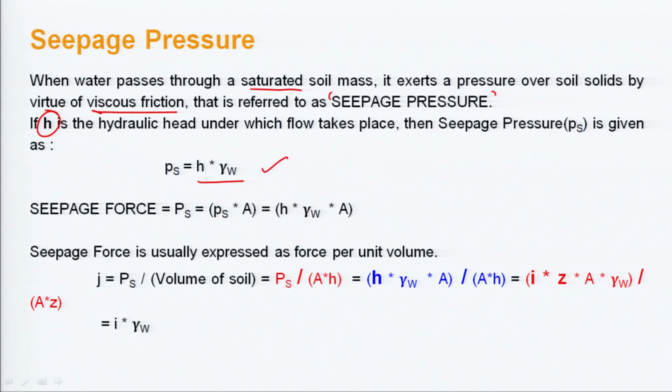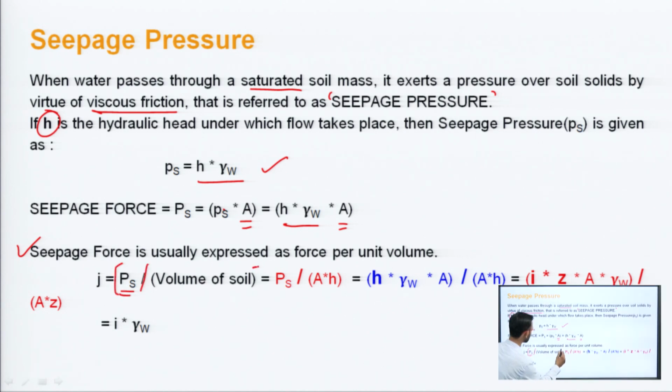Now, seepage force, when we are talking about the force, we will be multiplying the seepage pressure by area. When we multiply this seepage pressure into area, we get H into gamma W into the area. While we try to simplify the term, seepage force is expressed as force per unit volume. We could say this as a specific seepage force, that is the seepage force per unit volume of the soil.